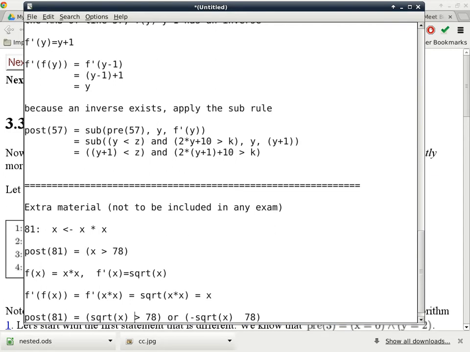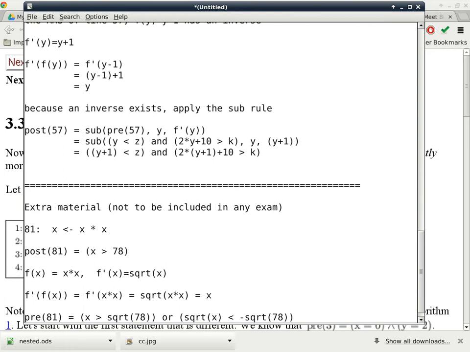So the square root. Oh, okay. Take it back. Sorry. There we go. That makes sense. Right? Because both of these, okay, that's a precondition, not a post. Okay, I fixed that too. There we go.